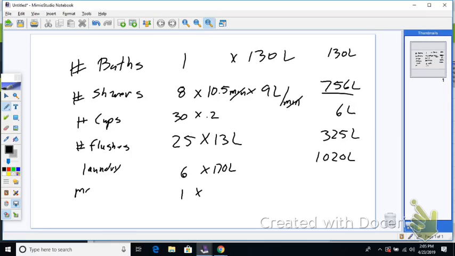So this is machine washed. We had 1. If it's a long cycle, like a 3-hour cycle, then it would be the 61 liters. If it was a short cycle, like an hour or less, then it would be the 26 liters. A lot of you know what it's set at. It'll be set time-wise.